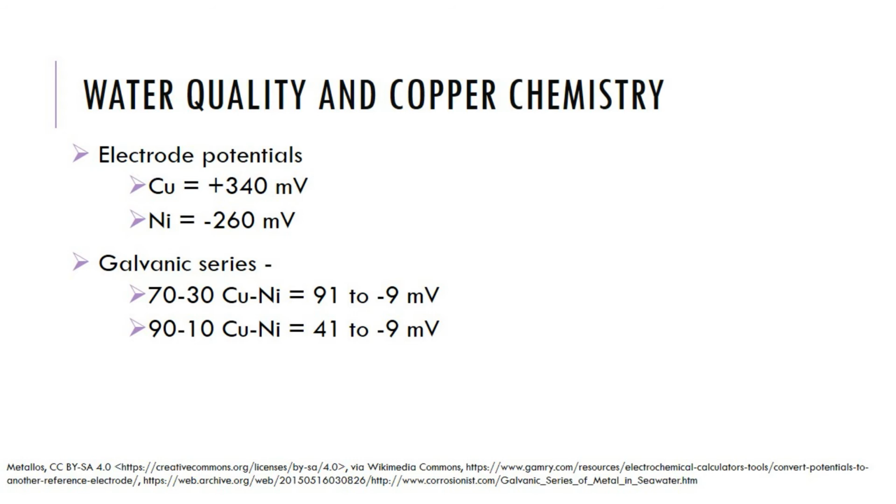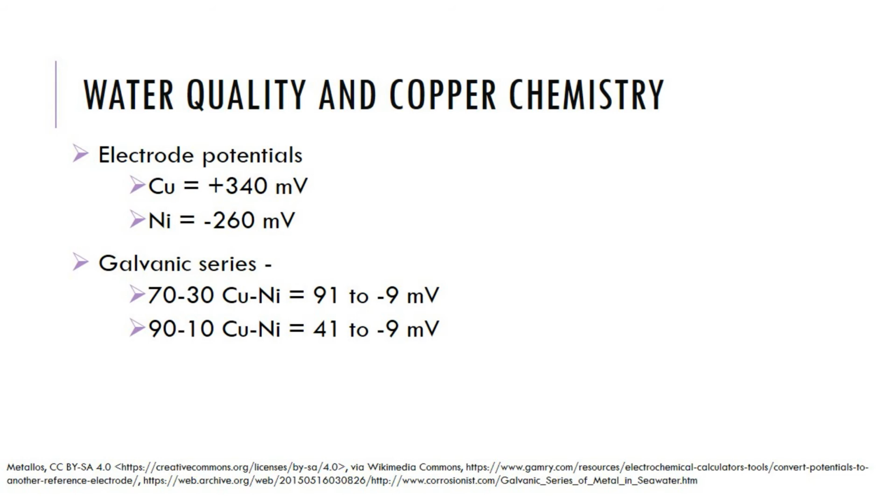Hence, the electrochemical characteristics that are seen for copper nickel will depend on the microstructures and solid solutions that are formed from these two elements. Also, it is more important to check for the electrochemistry from the point of galvanic series rather than from just the electrode potentials.